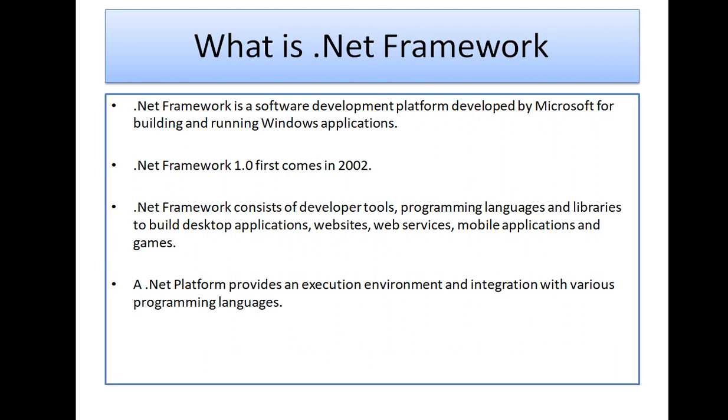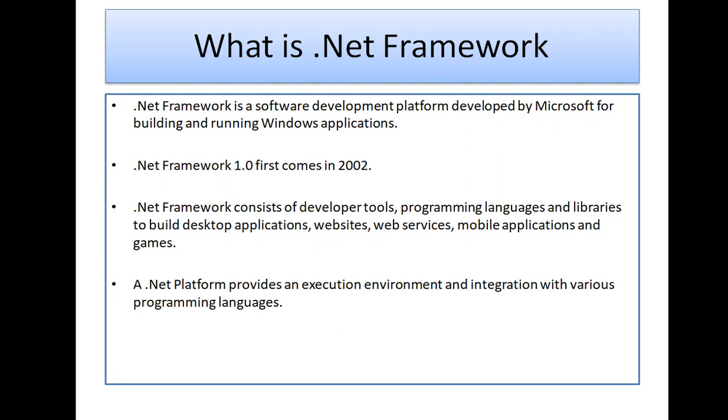So the next part of this slide is that .NET framework consists of developer tools, programming languages, and libraries to build desktop applications, websites, web services, mobile applications, and games. As you can see, almost any application on different platforms you can build with .NET framework.